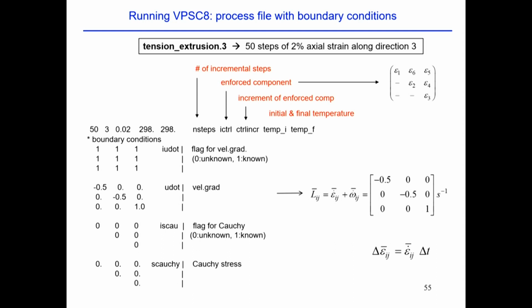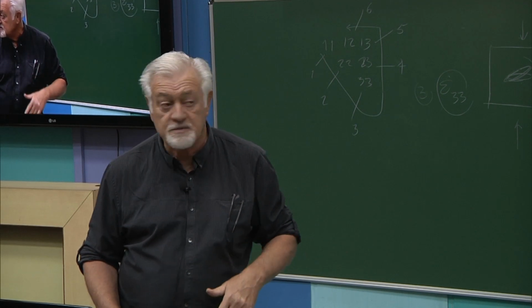And this is the initial and final temperature. For these examples, this doesn't really matter because we don't have anything that depends on the temperature here, but there are some examples that do depend on the temperature.